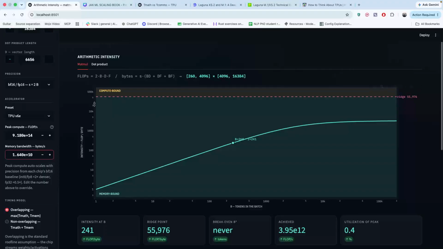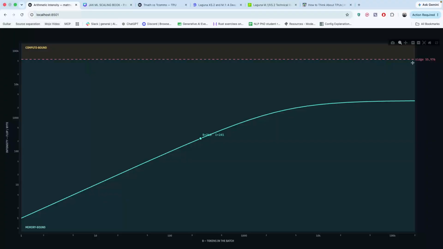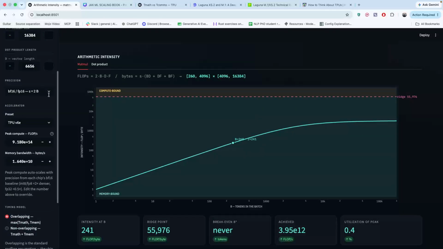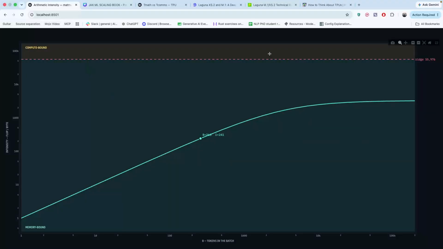For the TPU v6e architecture, this is the ridge point, which comes from the total number of FLOPs that we can do. Let me also check that I'm using BF16. So this is your ridge point at 55,000, and this is your arithmetic intensity.